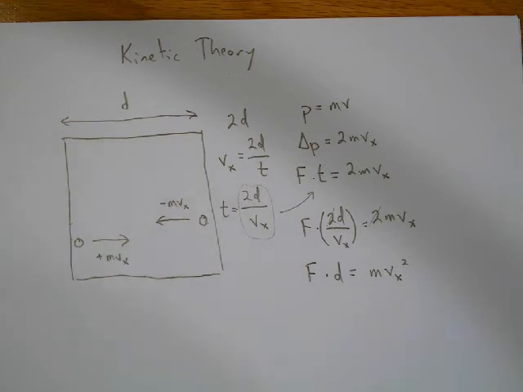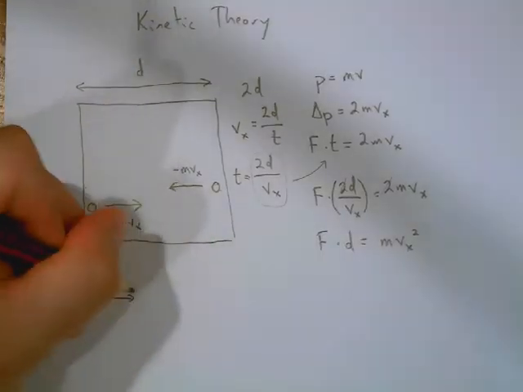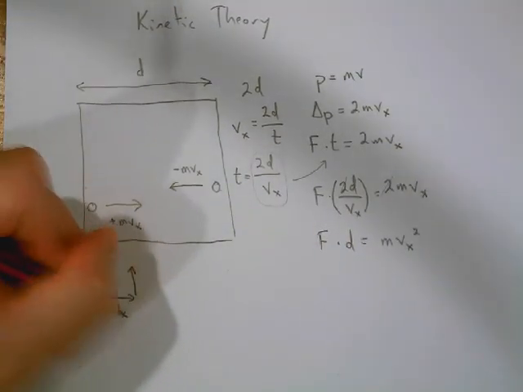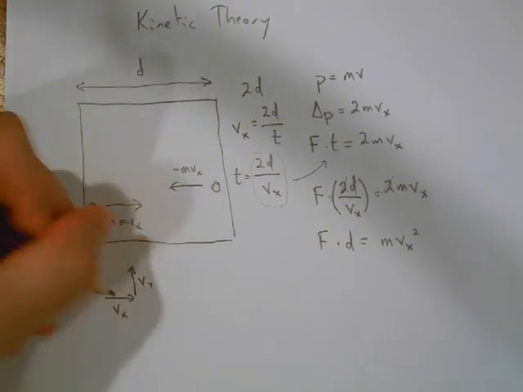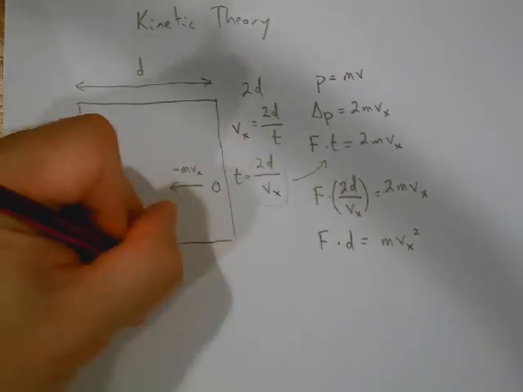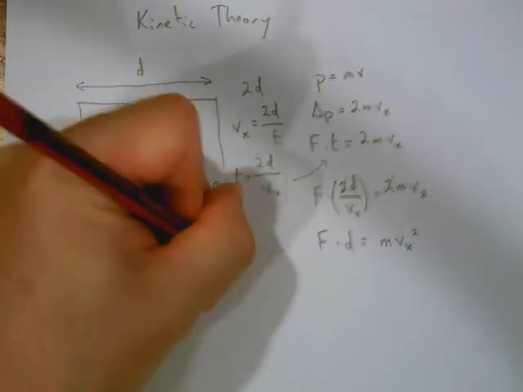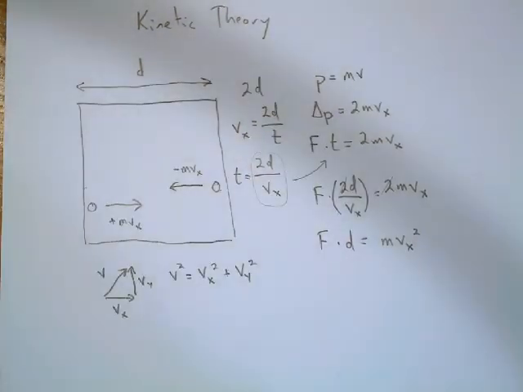The answer is no. So it could just as easily be moving in the x and the y direction. So if this is vx and this is vy, well, its speed would be v. So you would end up with v squared equals vx squared plus vy squared.